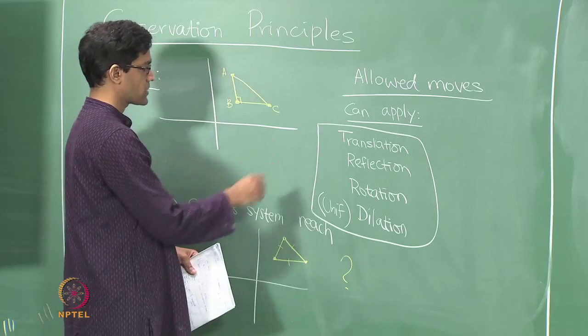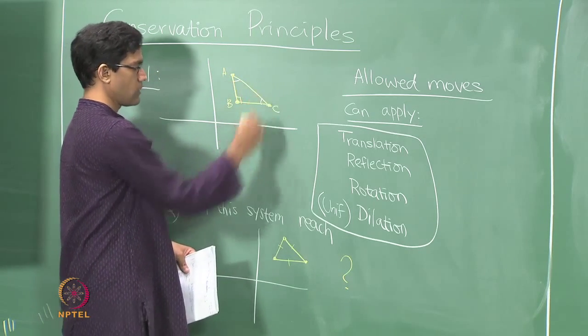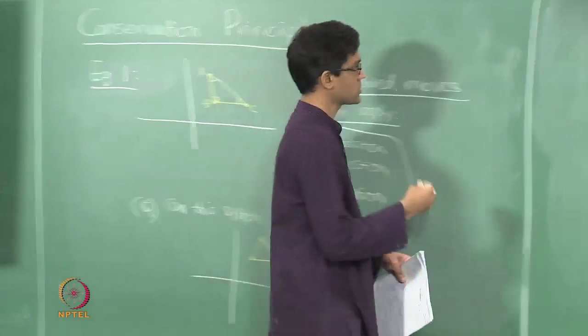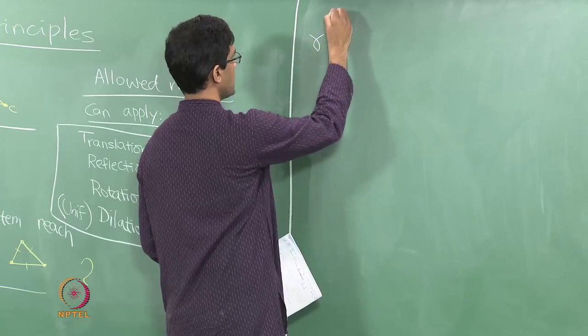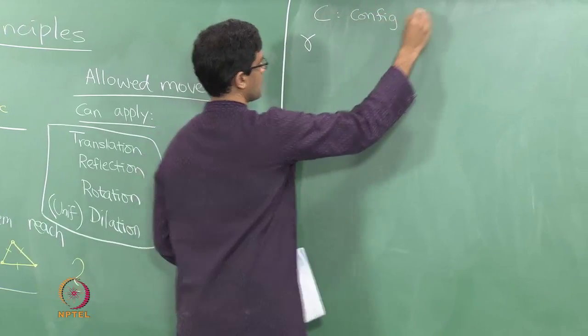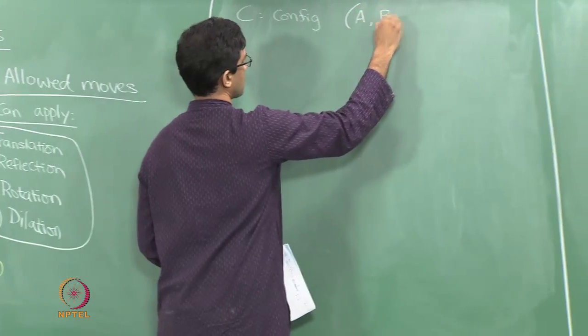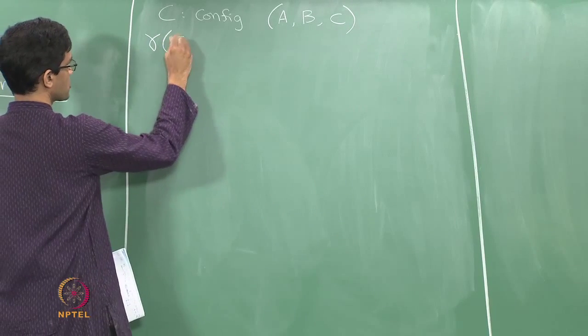So another way of stating this is you keep track of the 3 angles of this triangle. The list of the 3 angles is conserved. So if C denotes a configuration, so here the configuration is just the 3 vertices of the triangle. What is a gamma function if you wish?